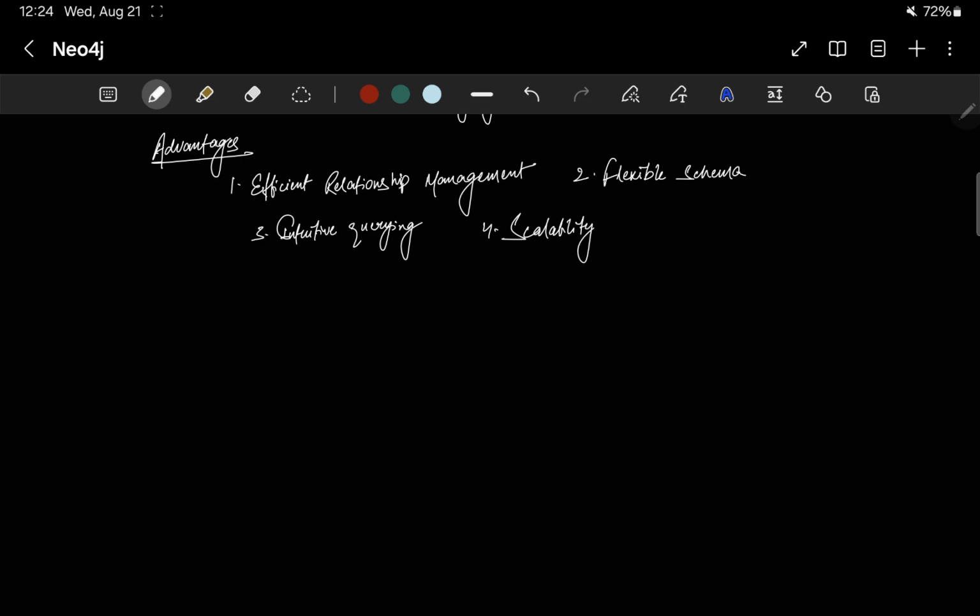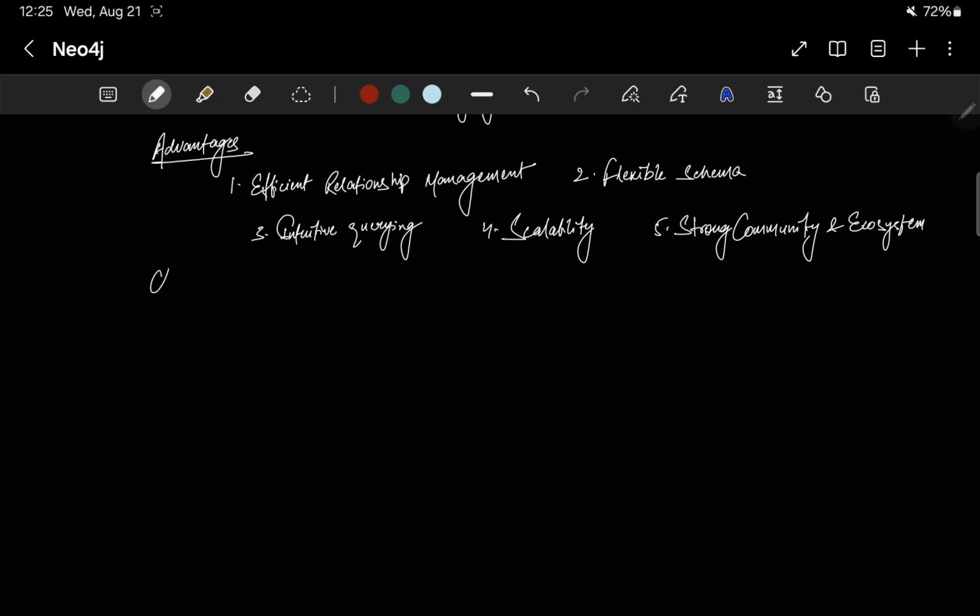Neo4j's clustering and sharding capabilities allows it to scale horizontally, thus handling large graphs efficiently. This we already talked about. And next is strong community and ecosystem, because it is open source. Neo4j has a robust community and extensive documentation with a wide range of integrations and tools available.